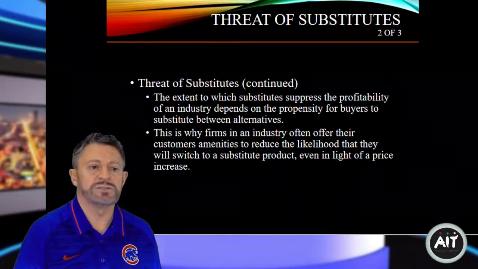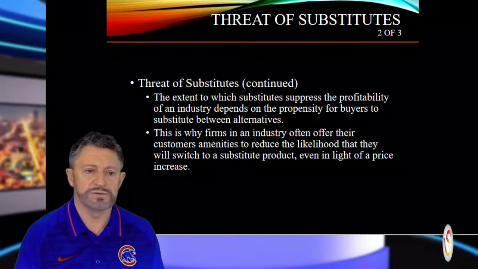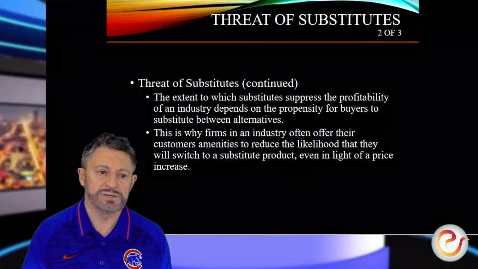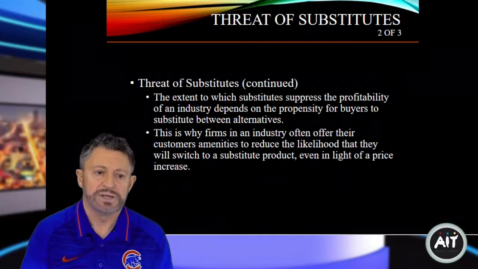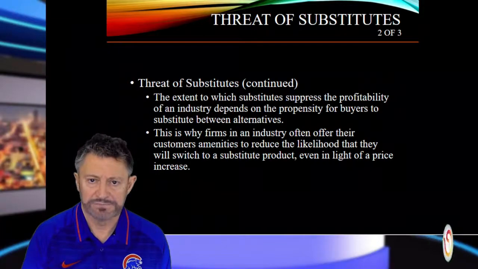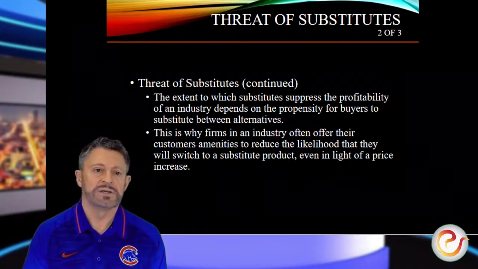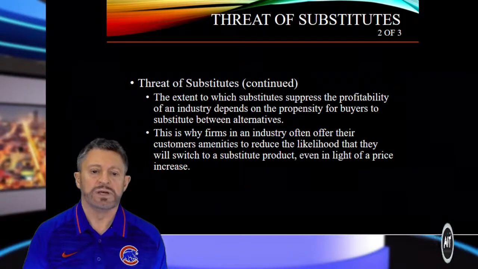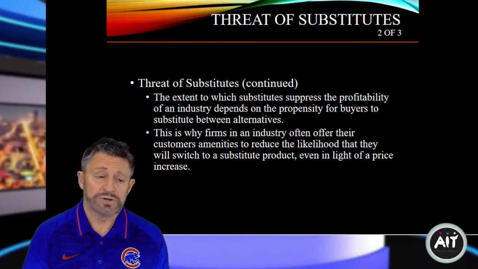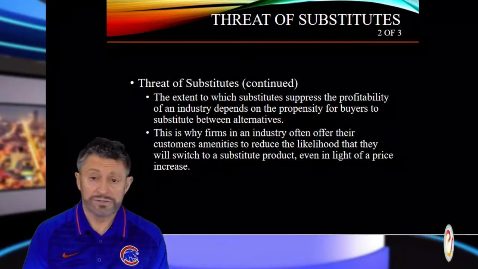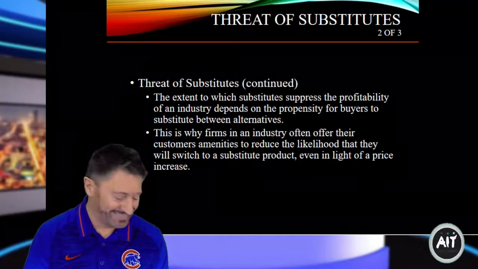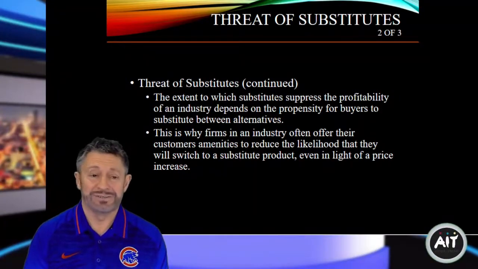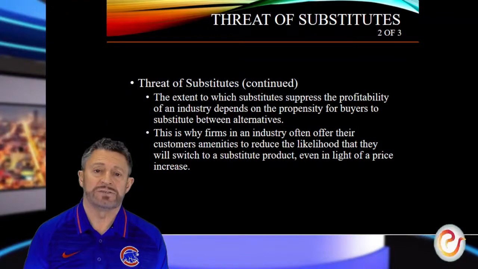So this is why firms in an industry often offer their customers amenities to reduce the likelihood that they will switch to a substitute product, even in light of a price increase. Okay, so that's the point I was making, that sometimes companies come out with the lower end. That's why if you take any other industry, say for instance the car industry, you have a whole range of cars.